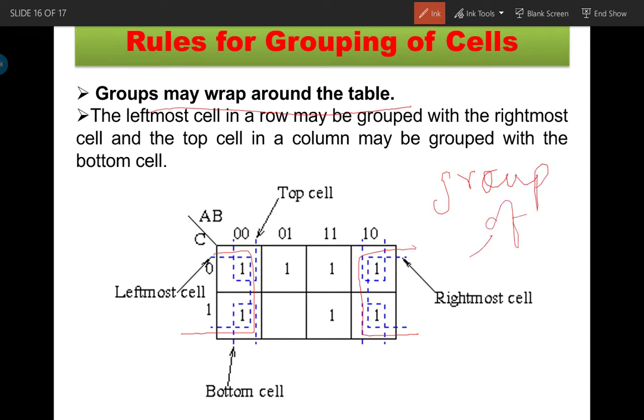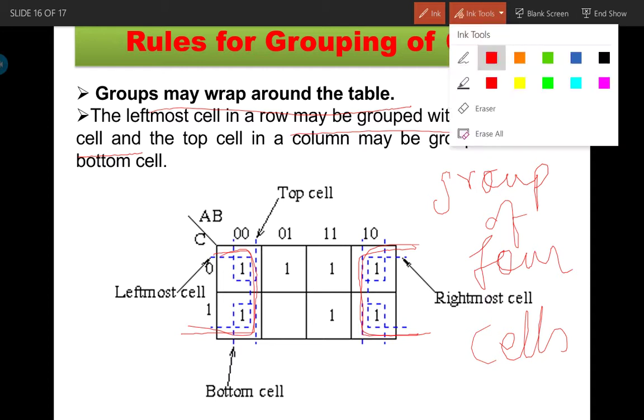Group of 4 cells. That is written here. The leftmost cell in the row, may be grouped with rightmost cell. Okay, leftmost जो cell है, that can be grouped with the rightmost cell. Okay, so this is 2 and 2, that is a 4 cells grouped.